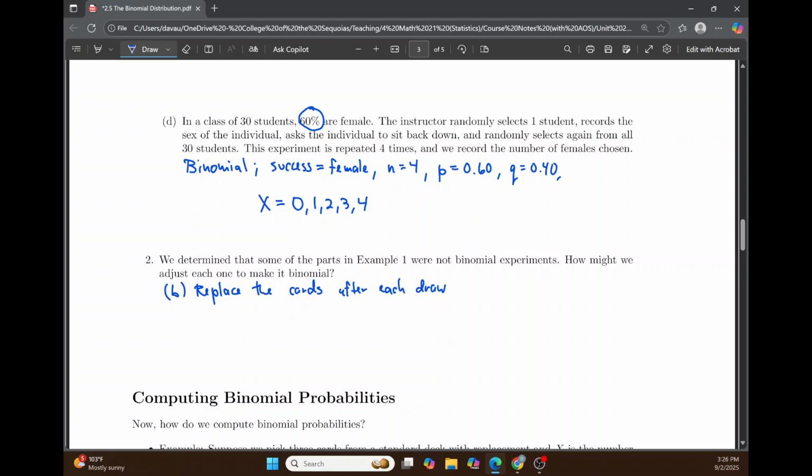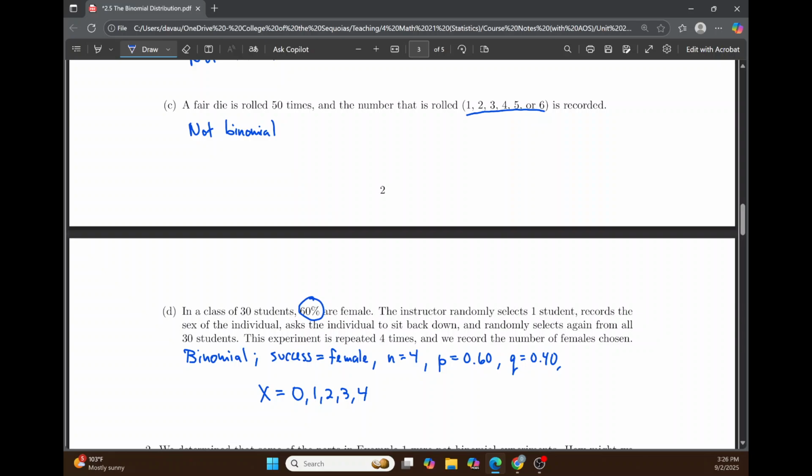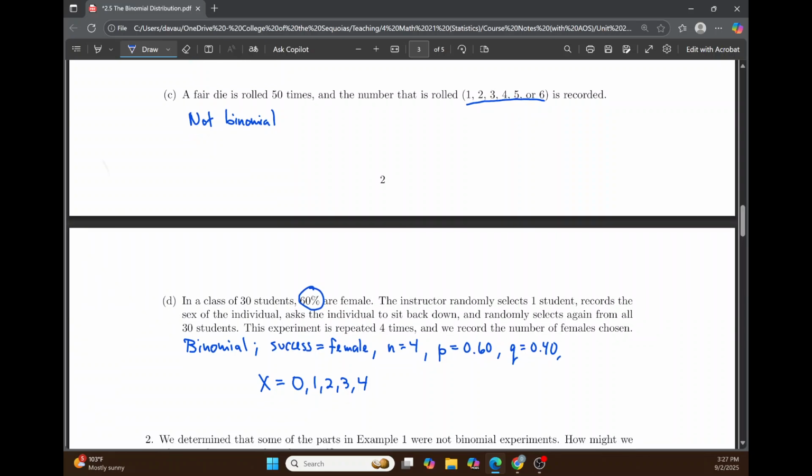Okay, and then in the case of part C, the issue there was that we were just recording the number on the die that got rolled. So we didn't have a success identified. So the way we would fix that is to identify a success, right? Identify some outcome as a success.